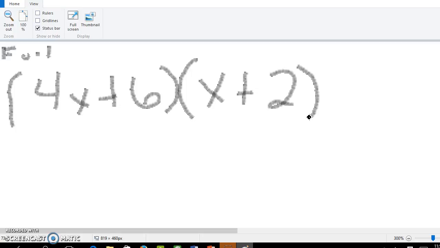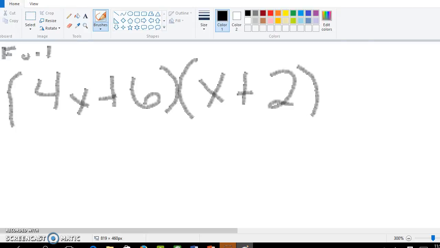Well, when we FOIL, we know we have to do first, because that's what the F is. So first means we're going to times 4 times x. All right? So we know 4 times x is 4x. Okay?